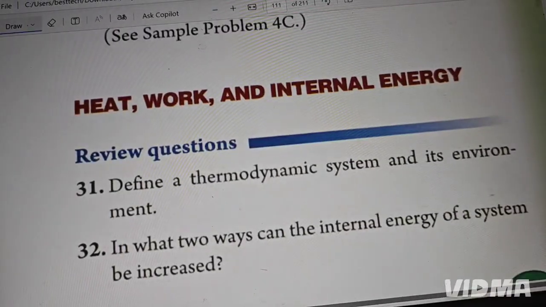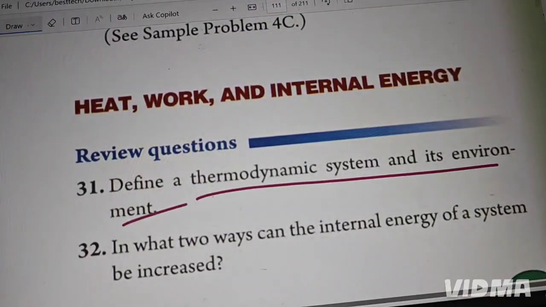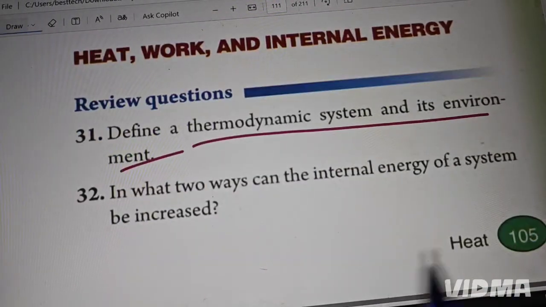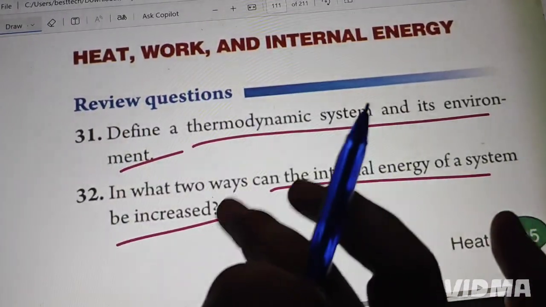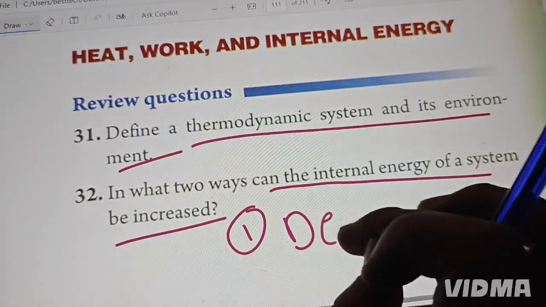Question 31 said, define thermodynamic system and environment. We have studied this. Question 32 said, in what two ways can the internal energy of a system be increased? One of the ways that I told you is by deforming.